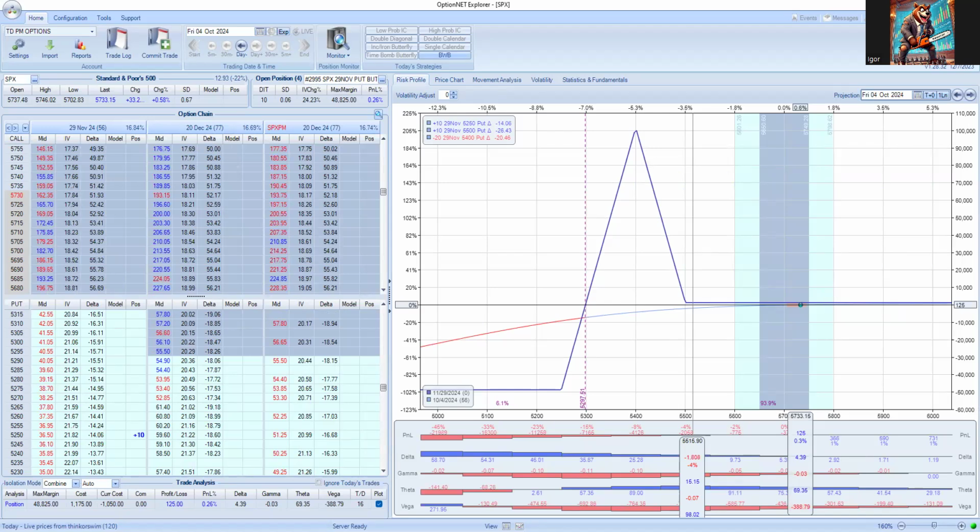It does take time. But the more you use it, the more comfortable you're going to get with understanding and visualizing where your risks are. And this will help you navigate the trade from start to finish, as long as you see what your risk graph currently looks like, where the risks are, and then you can plan your potential adjustments based on what you're seeing in your risk graph.